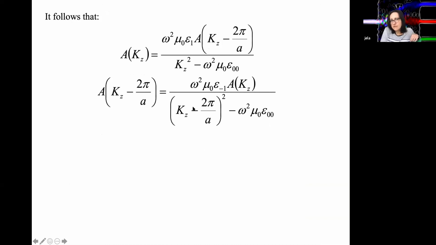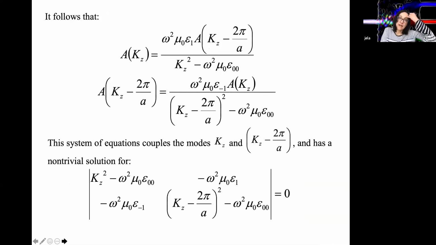It's written differently, but it's again a homogeneous system of equations that you can write as some 2 by 2 matrix multiplying a vector, which is a of k and a of k minus 2 pi over a, okay? And the determinant of that matrix, which depends only on omega and k, is given here. For the system to have a non-trivial solution, a non-zero field, this has to be equal to 0.